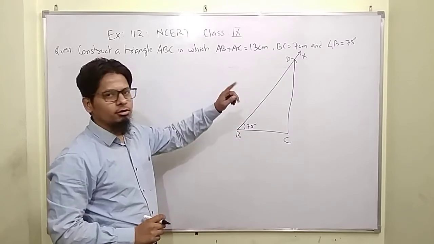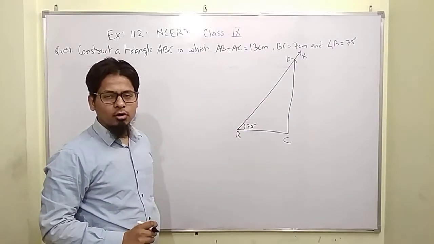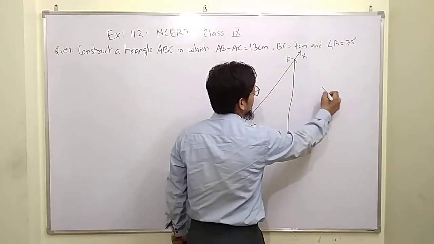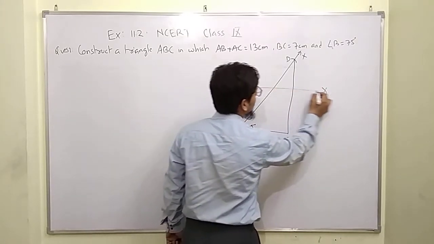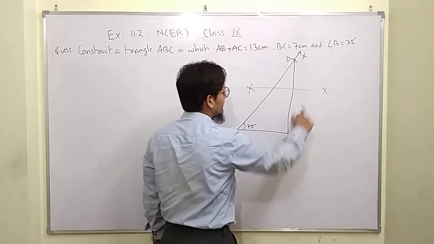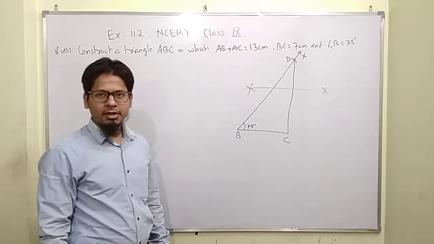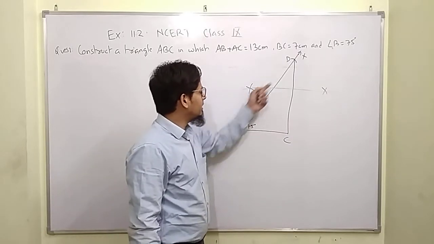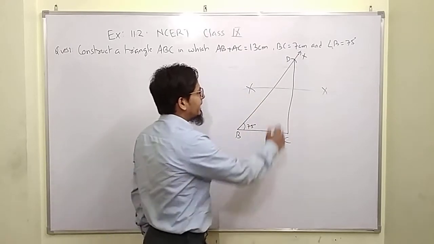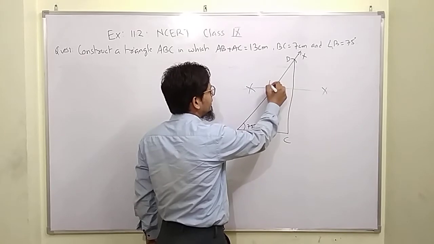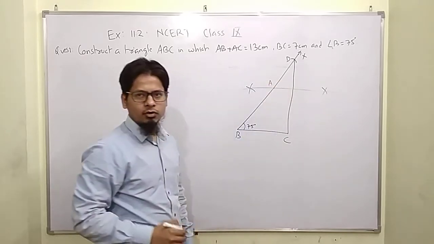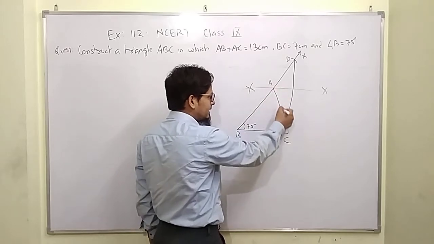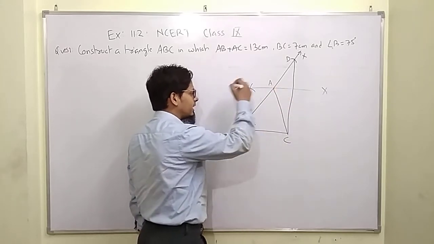From points C and D, draw two arcs on both sides of line CD, and join these arcs. This is the perpendicular bisector we obtained, and it cuts the side BD at point A. Finally, join AC, and this is the required triangle ABC.